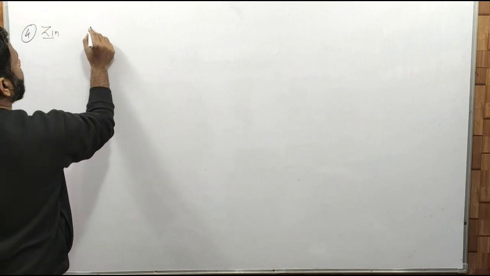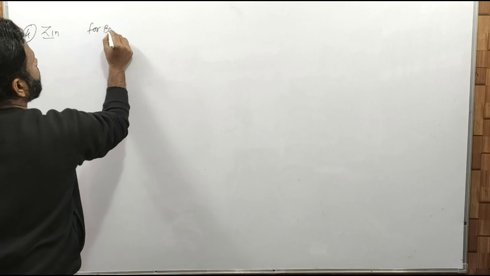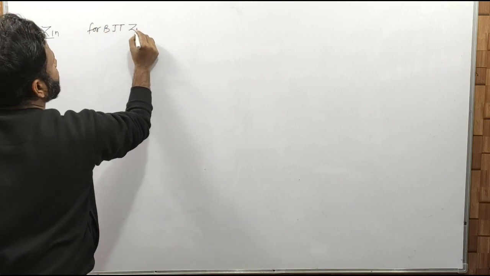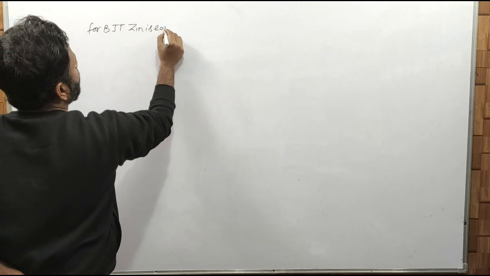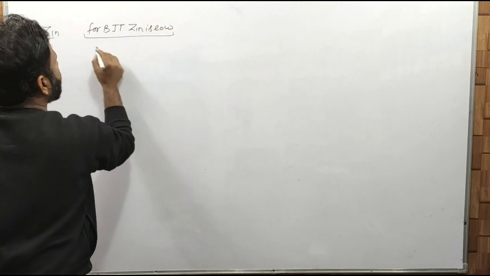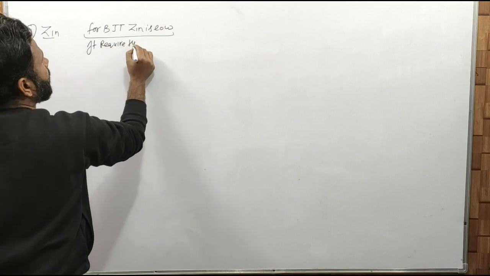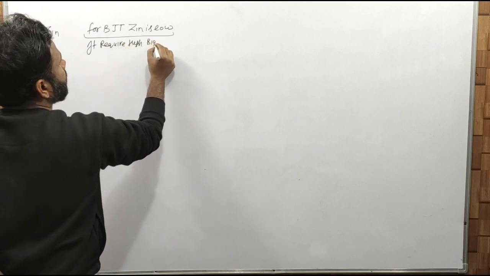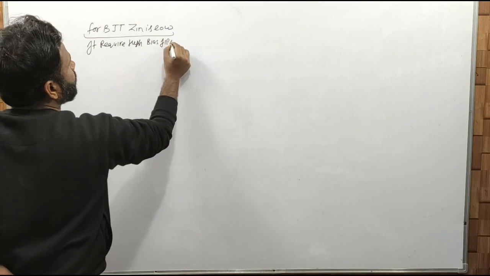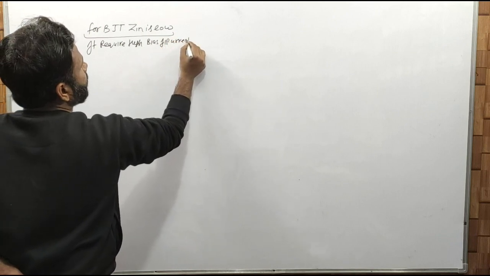So for BJT, Zin is low. Clear है? So it requires high bias input current. ठीक है, current.